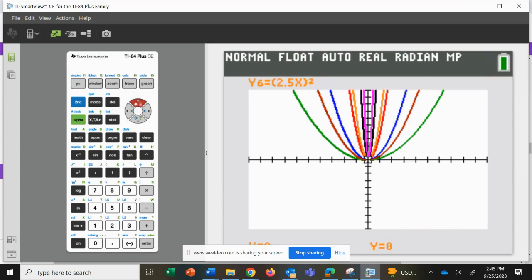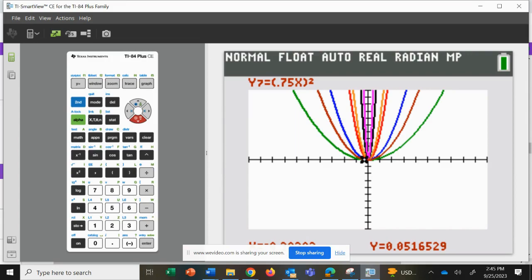See, I can jump between the graphs so we can see which color is what. So the blue one's the parent function. This maroon colored one is 0.75.